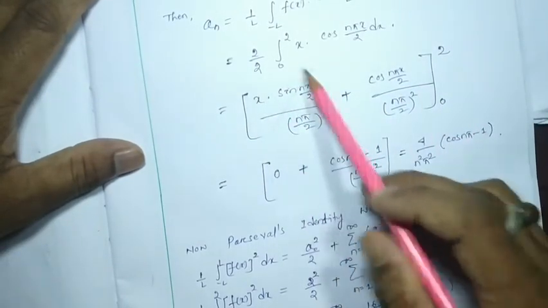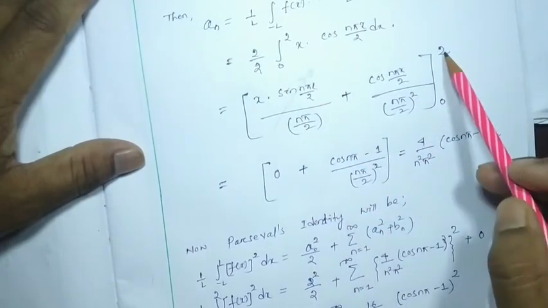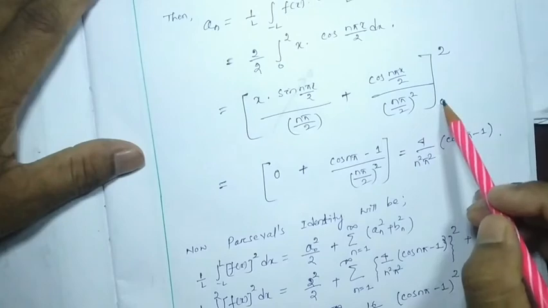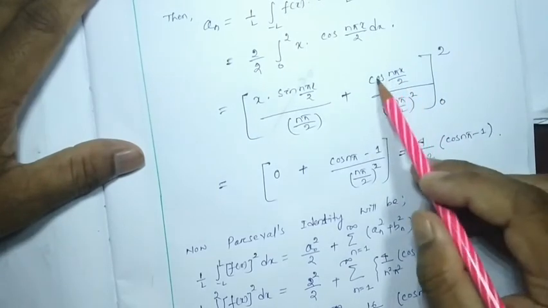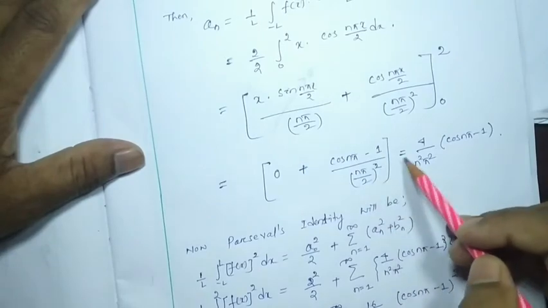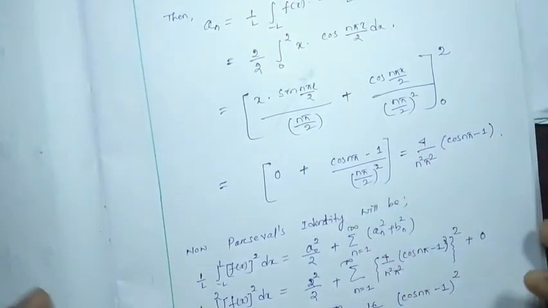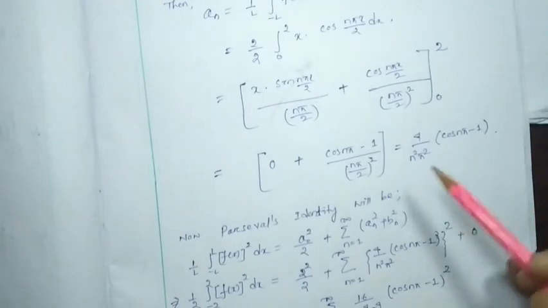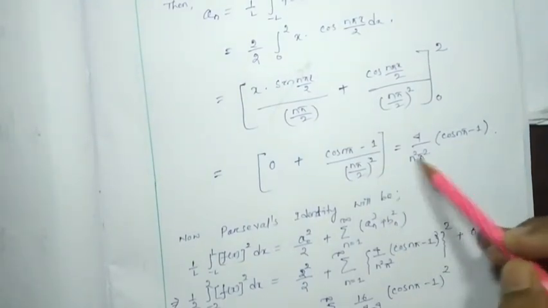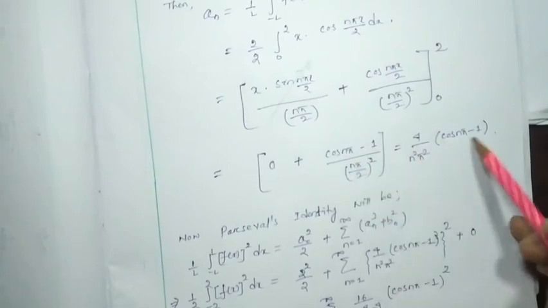So this whole term will be 0, and if we have to put 2 over here, it will be cos n pi. If we put 0, cos 0 will be 1, so minus 1 by n pi by 2 square is equal to 2 square, which will be 4 by n square pi square into (cos n pi minus 1).